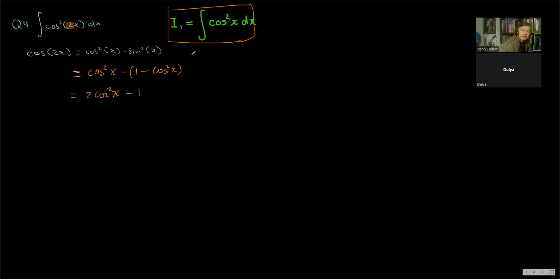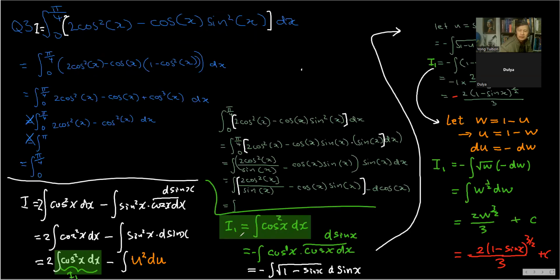What about this though? Because in the formula sheet, it's just cos. That's right. Let me show you how I solved that. I just rewrite this square as cosine multiply cosine, and then I group these two together into d sine x.